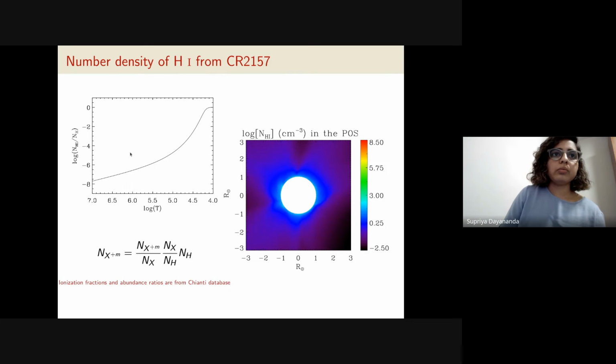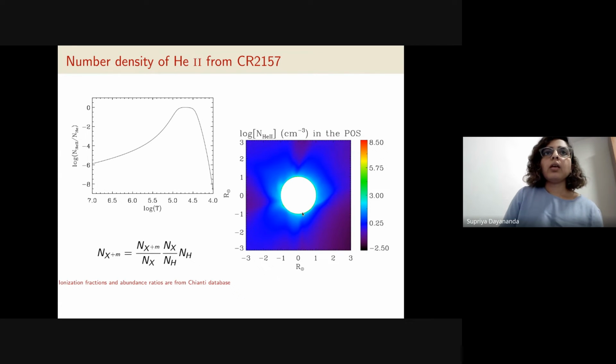But for the hydrogen, for the 1,000,000 degrees, you're talking about 10⁻⁷. So this difference in the ionization fraction, of course, is resulting in the number densities as well.